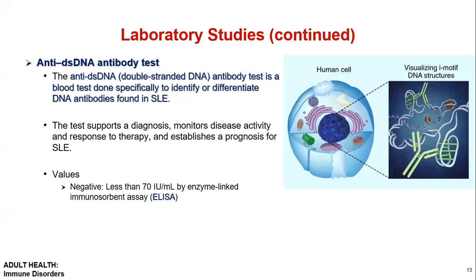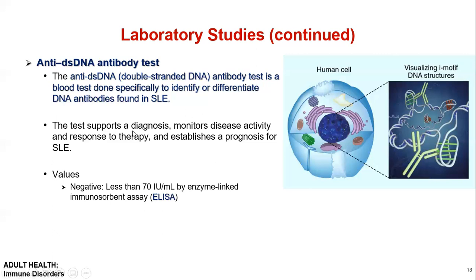So if any patient ANA is positive and also double-strand DNA positive, it confirms he or she have a systemic lupus erythematosus.